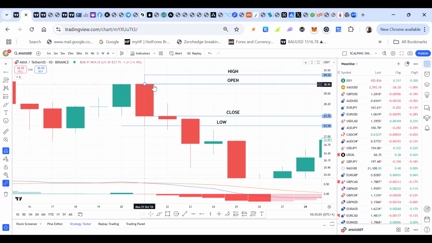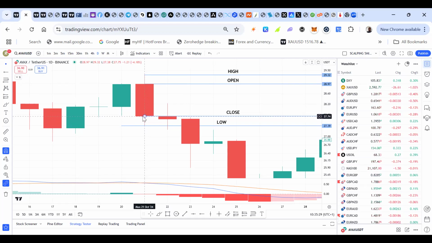So when this candle opened, it went up to this level but could not sustain it. The sellers pushed it down, and it came further down to this level, which is the low. They still did not close at the low. The buyers pushed it up again, to this level, so this becomes the close.